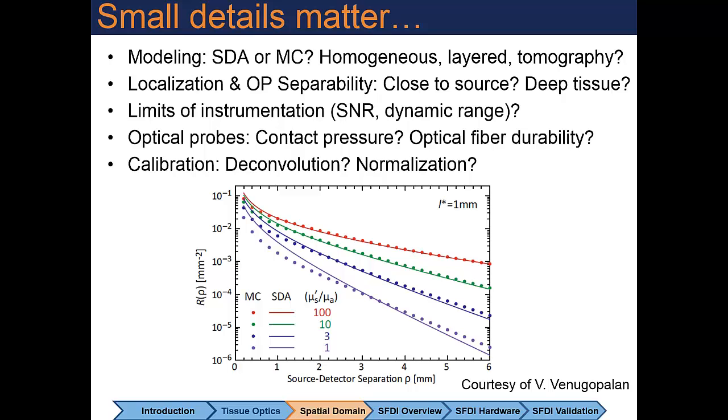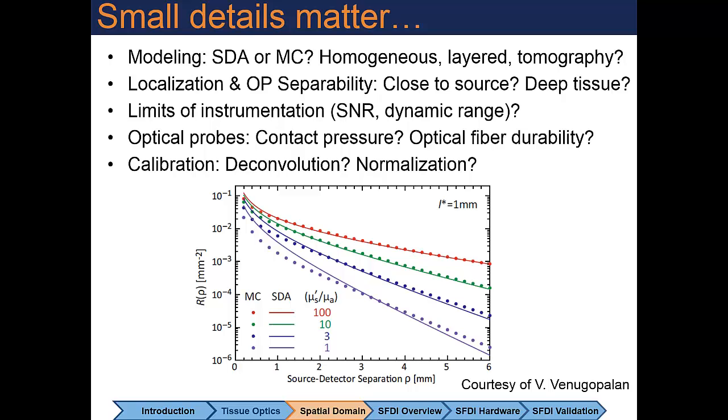Localization and optical property separability. Are you trying to get stuff in deep tissue or close to the source? Signal to noise ratio and dynamic range have been challenges for me. And in terms of optical probes, you can often place a probe and wash out the blood just by having pressure. Optical fibers get stepped on, they break. Often commercial devices don't even have optical fibers.